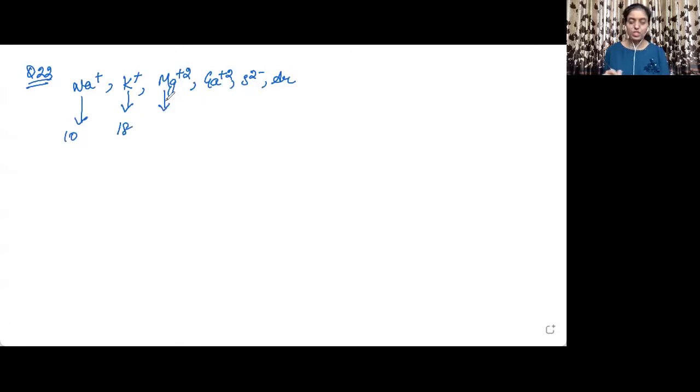Similarly, magnesium has atomic number 12, meaning 12 electrons, but 2 have been removed, so it will carry 10 electrons. Now, these two are isoelectronic. I will not be giving you the total solution to this simple question. I have told you what an isoelectronic species is. Even in the question itself, it is written: species having the same number of electrons.